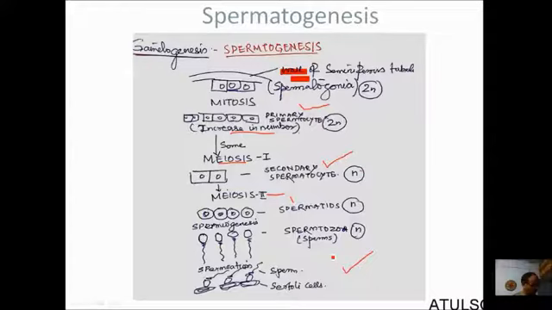Spermiation involves attachment of sperm with the Sertoli cell, and now the sperms are ready to get involved in the fertilization processes.